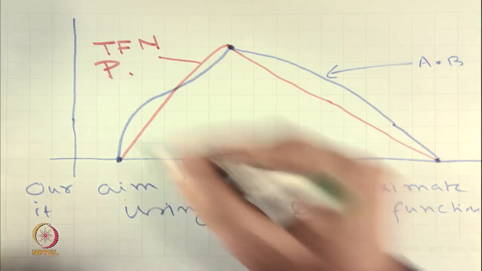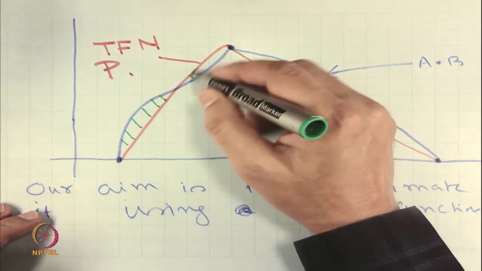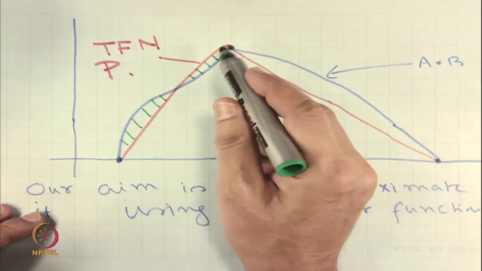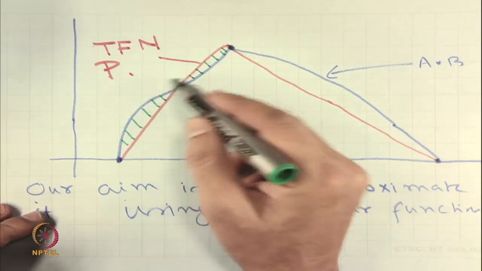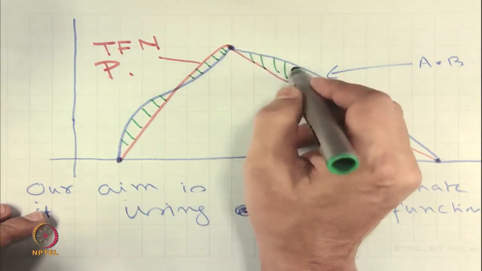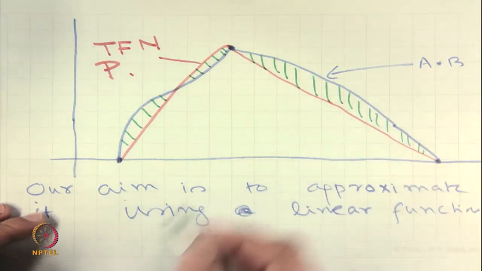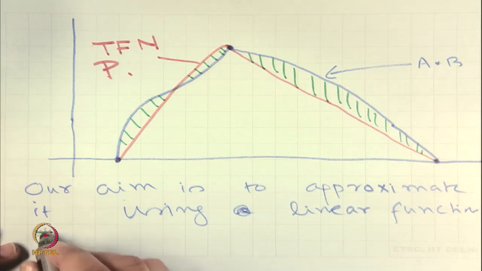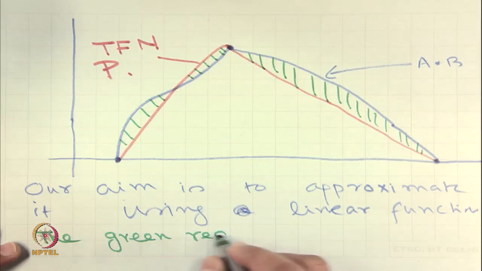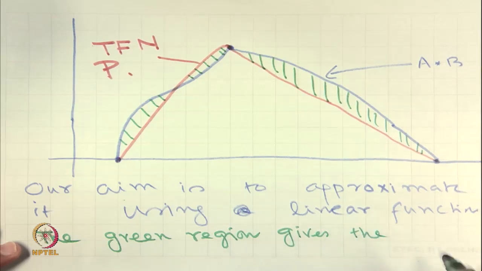We shall look at this region. This is the discrepancy between the approximated straight line and the actual curve. This is on the left hand side and this is on the right hand side. So, the green region gives the discrepancy.